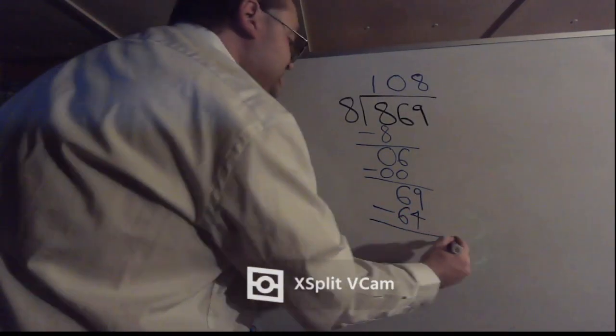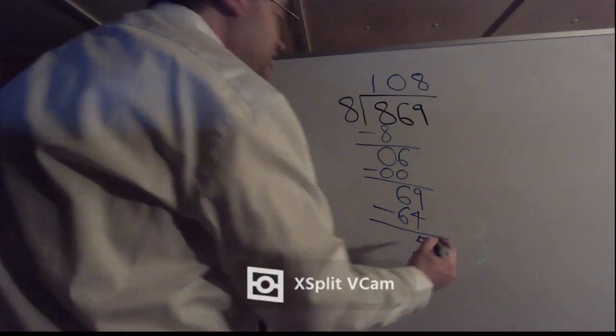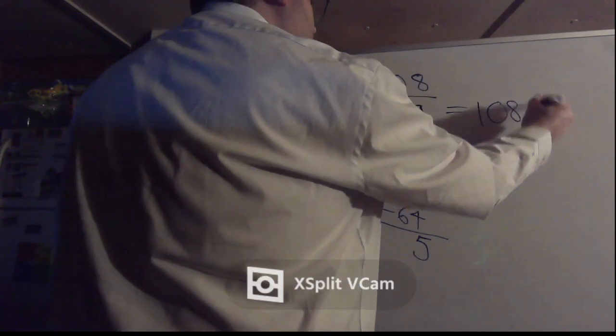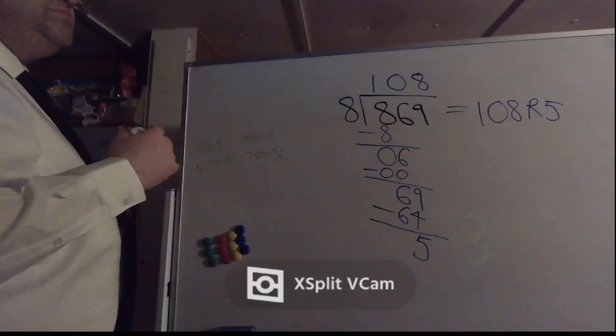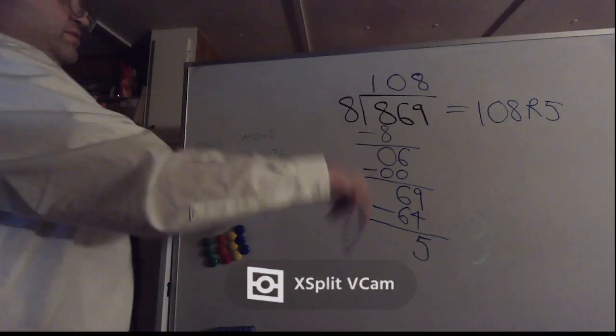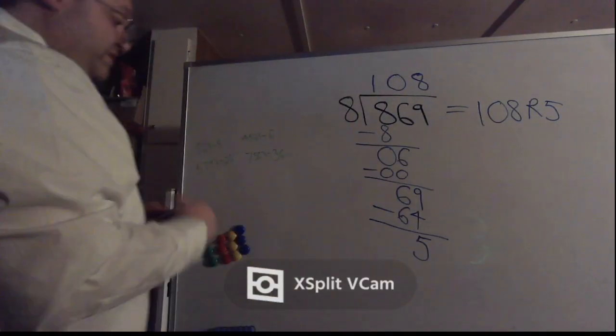You subtract 64 from 69, you'll get 5. So your answer is going to be 108 with the remainder of 5. We just have 5 left over, there's nothing further to drag down, so you have 108 with the remainder of 5.